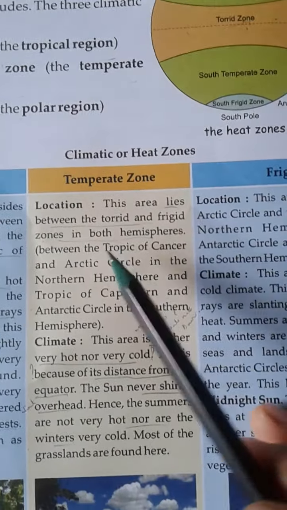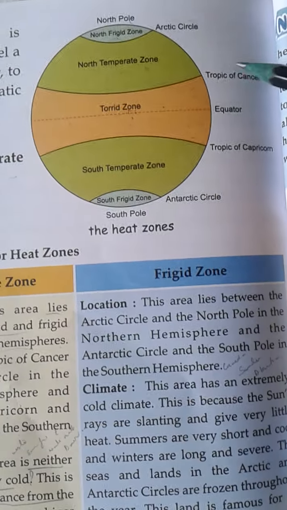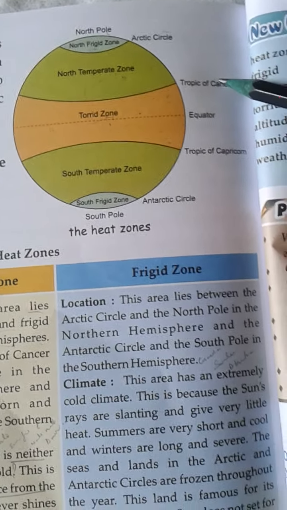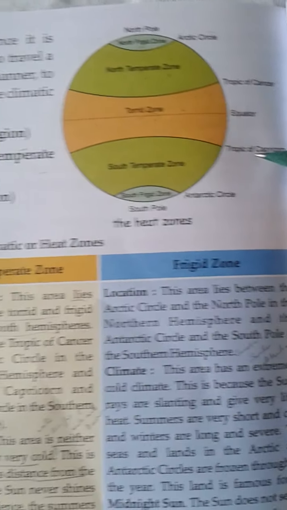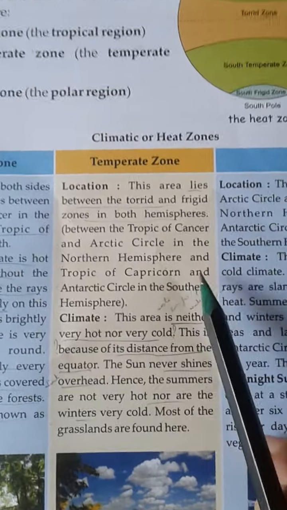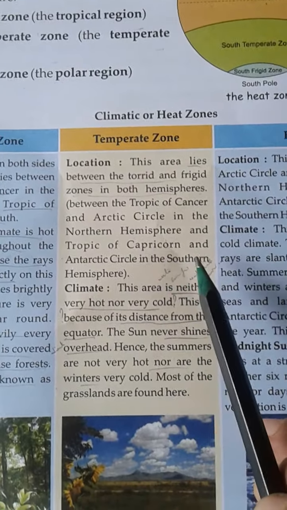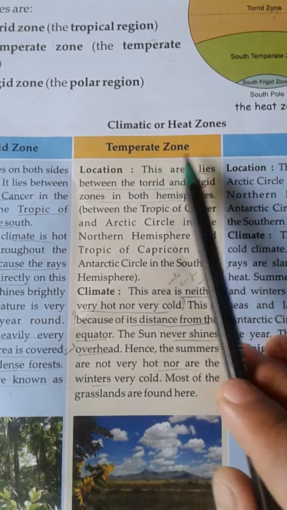So the area lies between the Torrid and frigid zones. It can also be described as the Tropic of Cancer in the northern hemisphere and the Tropic of Capricorn in the southern hemisphere. That is the location of the temperate zone.